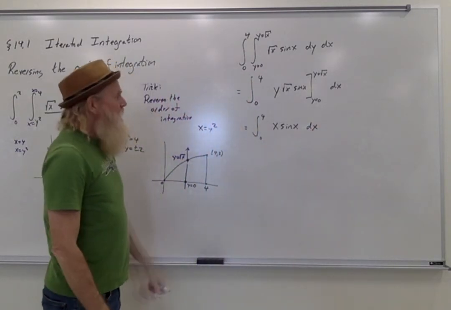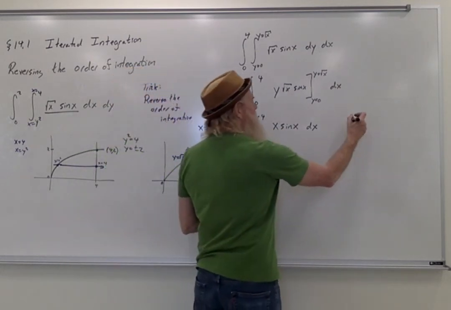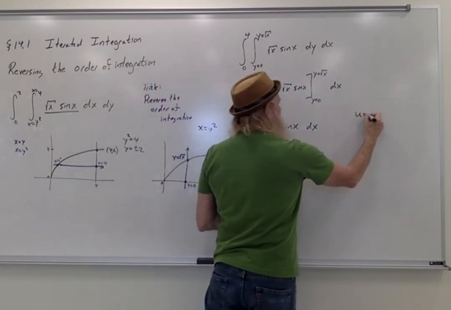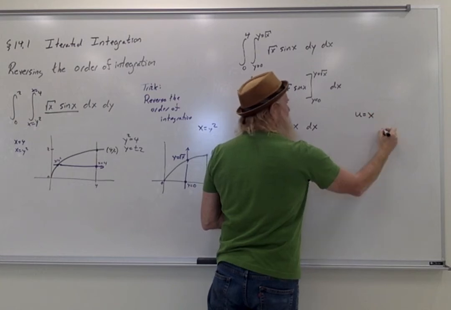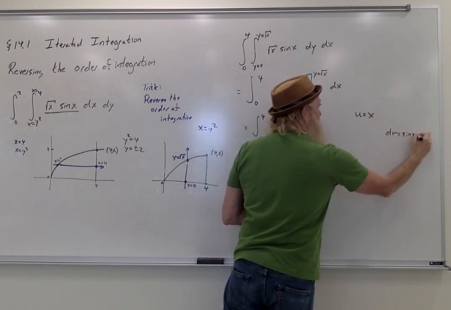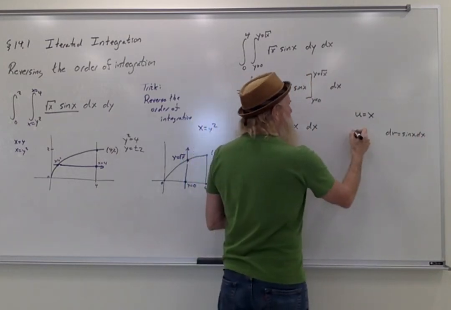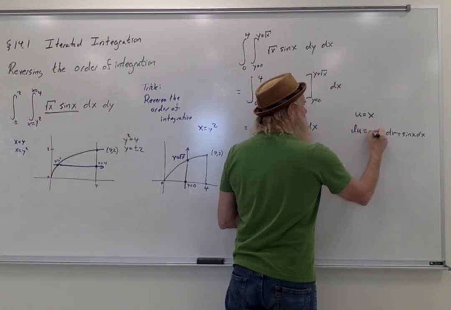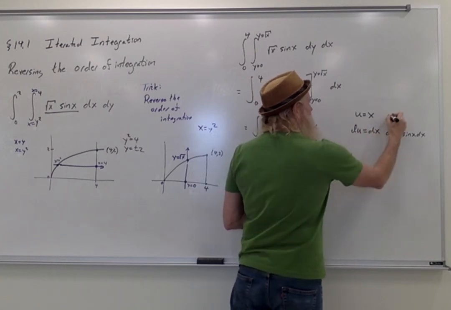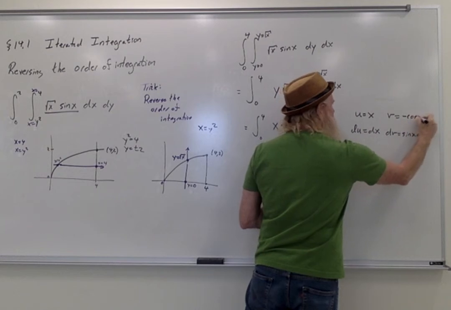Now this one is definitely a job for integration by parts. If I let u equal x and dv equals sine x dx, then du is dx and v is negative cosine x.